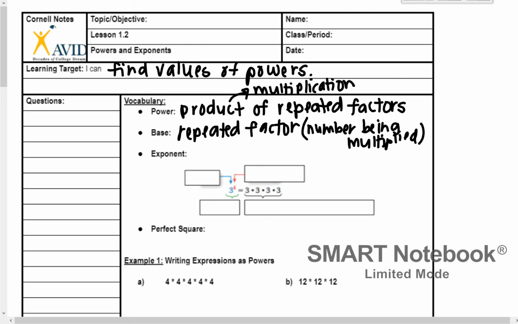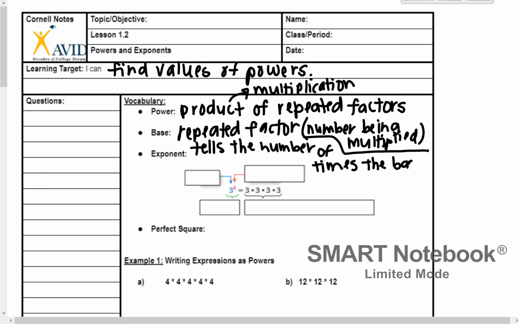An exponent tells us the number of times the base is multiplied.